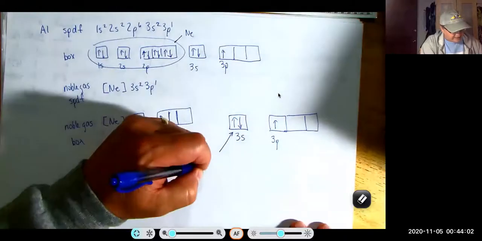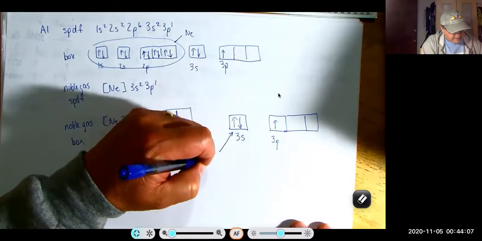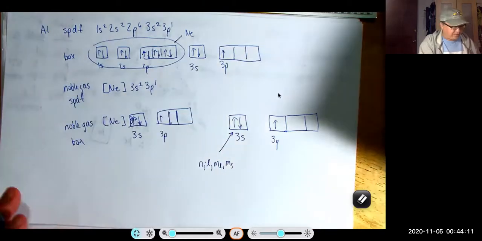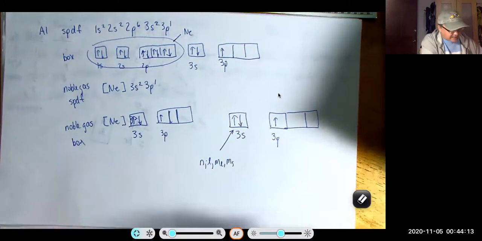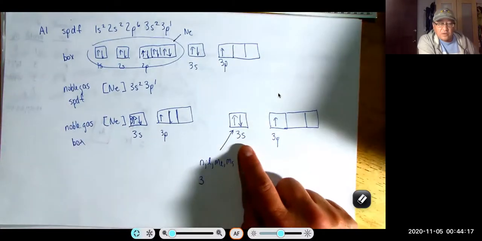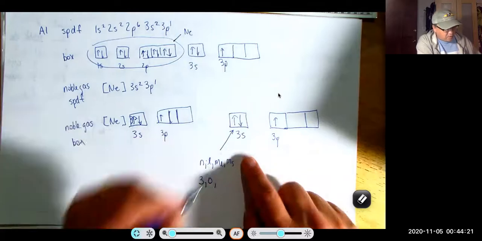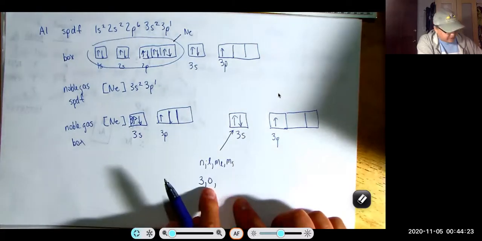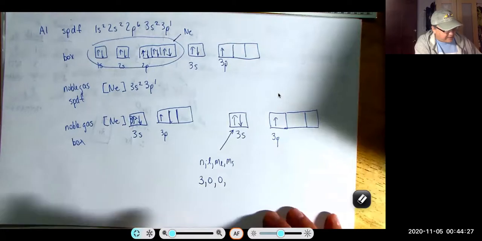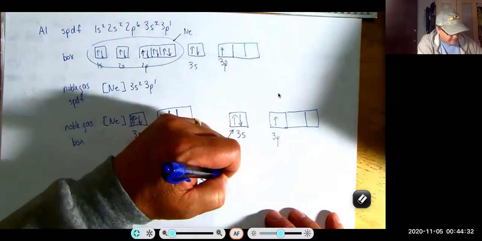We're going to look at this guy right here, and we're going to look at n, l, m sub l, and m sub s. What's the n? It's the shell number, 3. What's l? Well, for s, l is equal to 0. What is m sub l when l is equal to 0? It has to be 0 also. And what is m sub s? Well, for the arrow going up, it's plus 1/2.